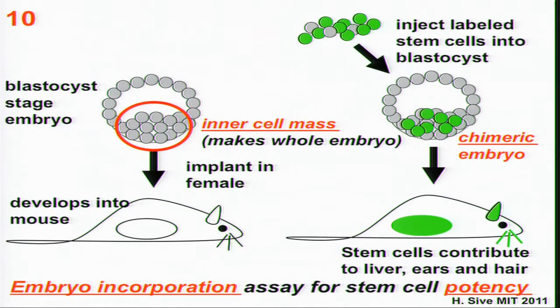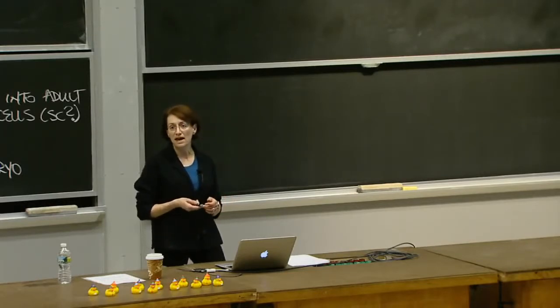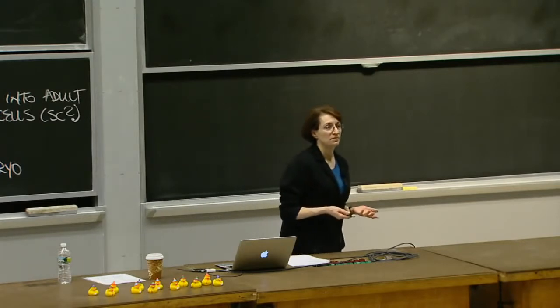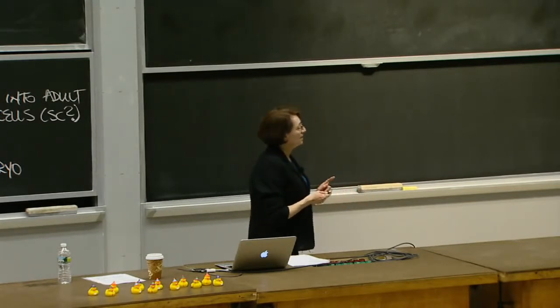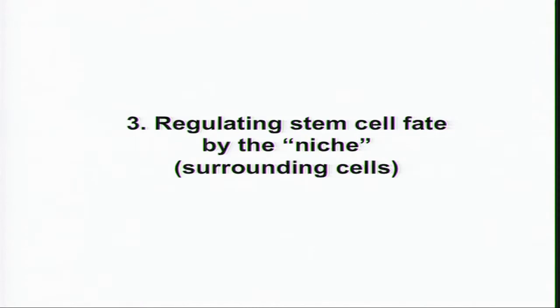And if you see that the baby that comes out of this chimeric embryo has a green liver and green ears and green whiskers, you'll know that the cells you made the chimeric embryo with had the capacity to give liver, ears, and whiskers. Okay, so this is a powerful assay to, again, look at the potency of cells, not in this case the stem cellness of cells.